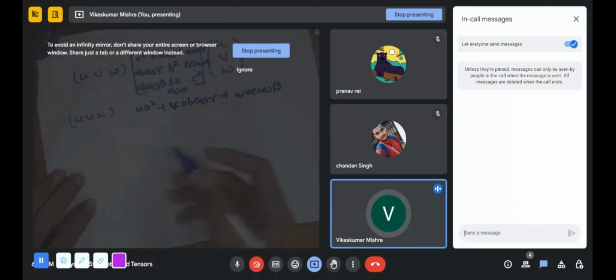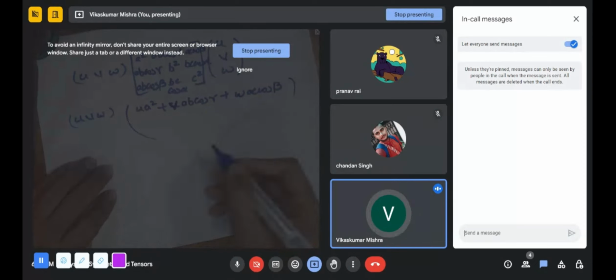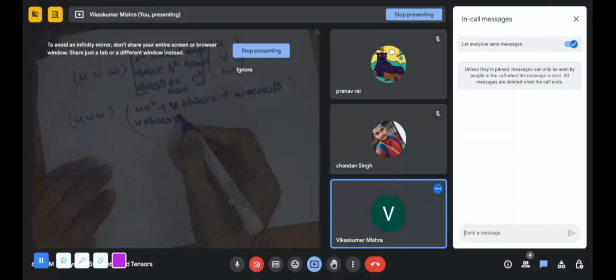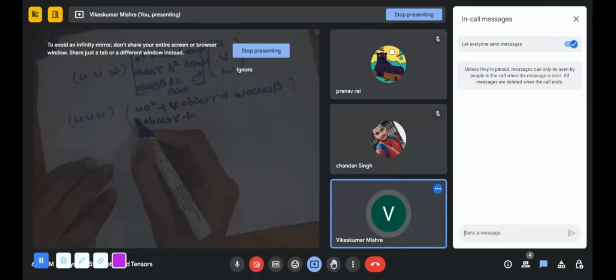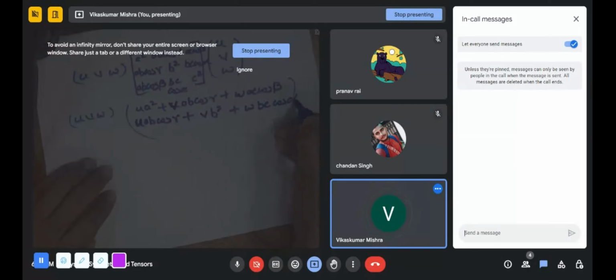In a similar manner, we will multiply all of them. This is the first term of the matrix. Similarly, we will get the second term: U times AB cos of gamma plus V times B square plus W times BC cos of alpha. And the third will be U times AC cos of beta.